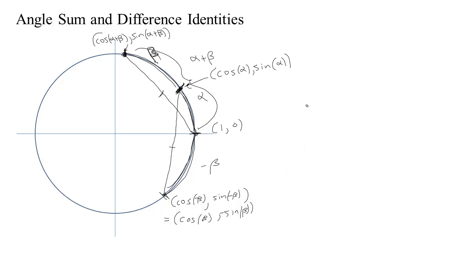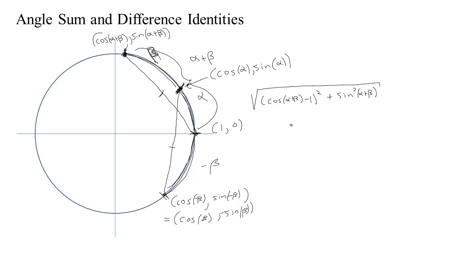Okay, let's go ahead and set up those two distances. So the distance from here to here, remember the distance formula says you take the square root of the sum of the squares of the differences. So we have cosine of alpha plus beta minus 1, squared, plus sine of alpha plus beta minus 0, squared. So sine squared of alpha plus beta.